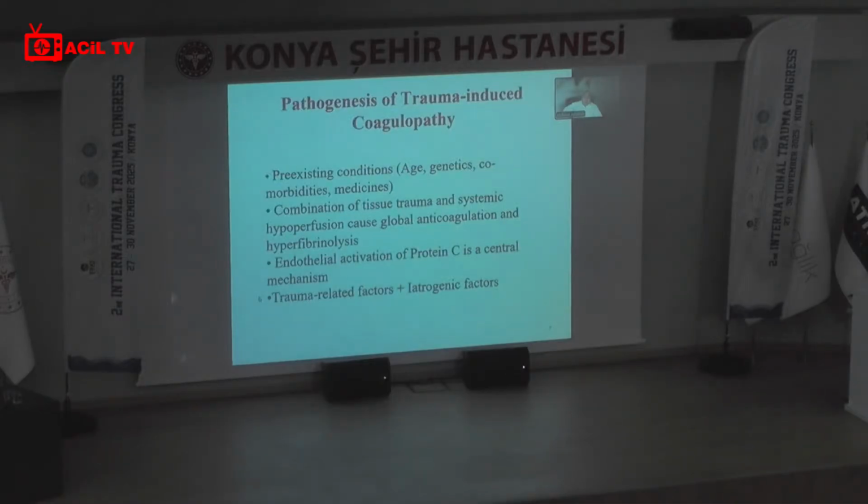Pre-existing conditions such as age, genetics, other comorbidities or medicines can also make the outcome much more severe. The combination of tissue trauma and systemic hypoperfusion causes global hypoperfusion and hyperfibrinolysis. And of course, endothelial activation of protein C is a central mechanism, along with trauma-related factors and also some iatrogenic ones.